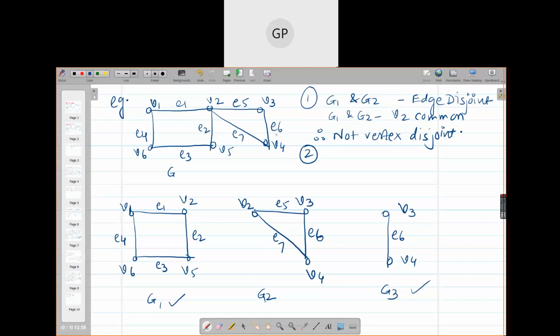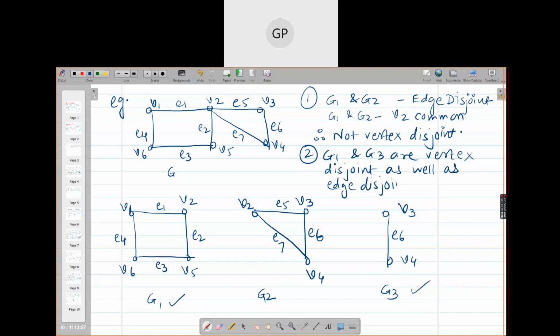If they do not have any vertex in common, they will not have any edge in common, obviously. Right? Yes, ma'am. G1 and G3 are vertex disjoint as well as edge disjoint.